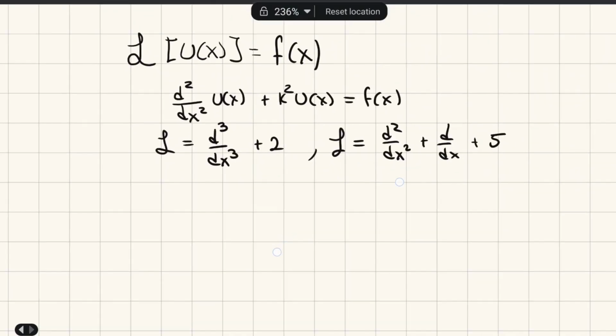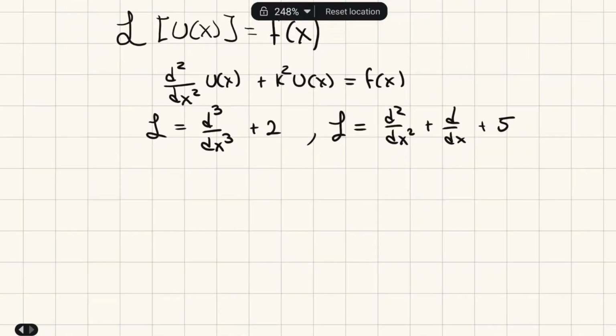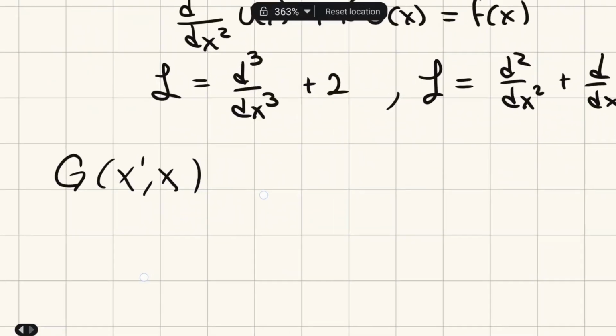What is important is that for every differential equation of this form, we are going to have an associated Green function, defined on a subset of R2, because the Green function is a function of two variables, in this case x prime and x.